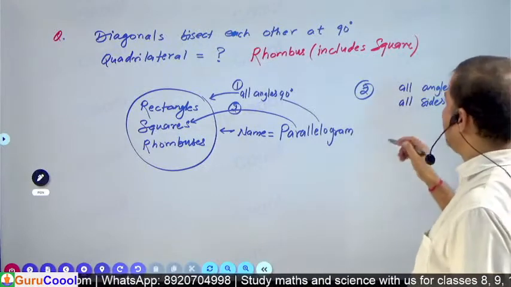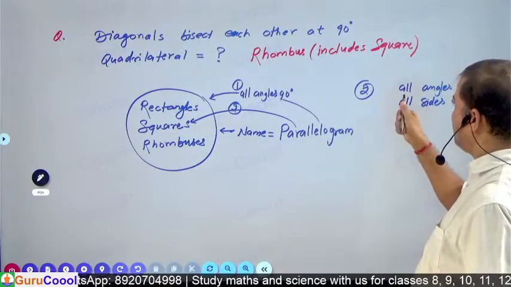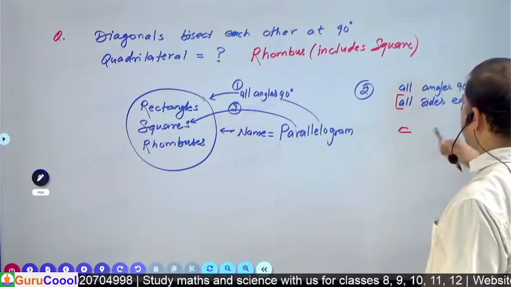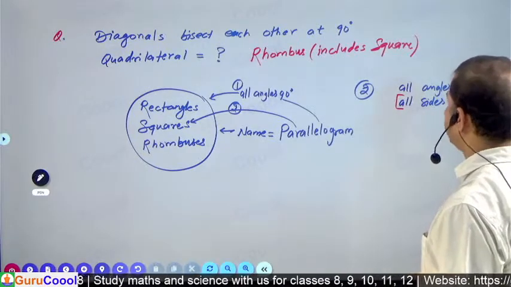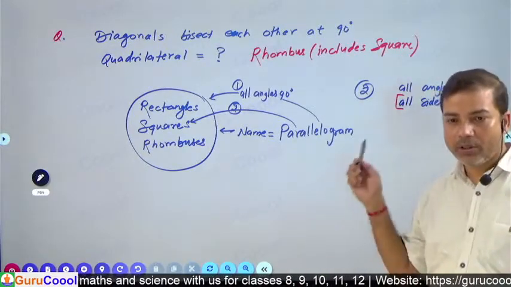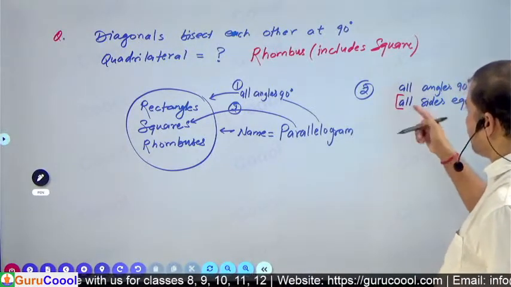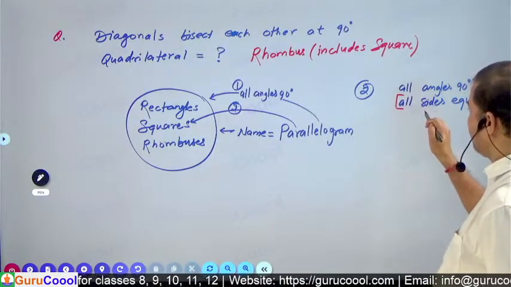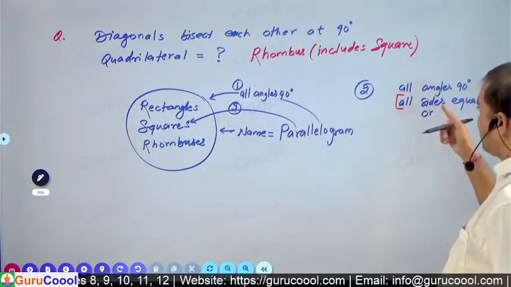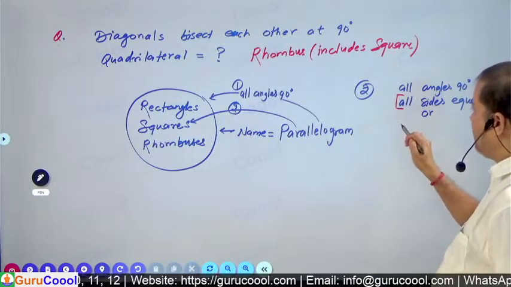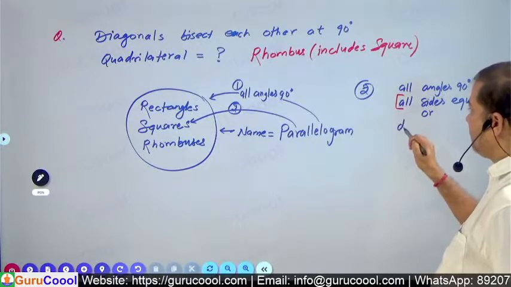That's good. But if I don't allow this second one, what is the alternate for it? Diagonals equal. Yes. The second one has an alternate. Either all sides equal or you can say diagonals equal.